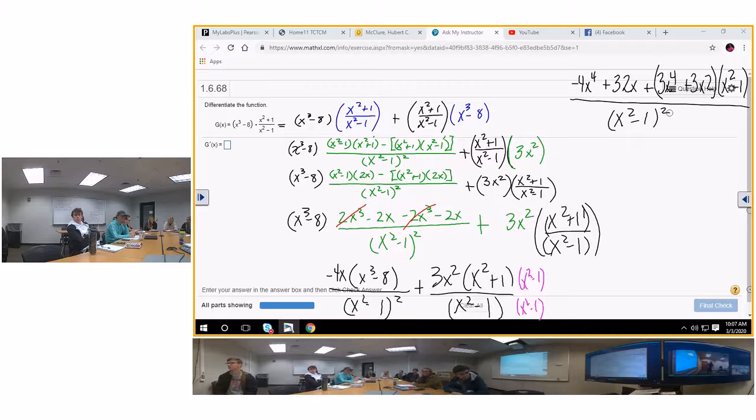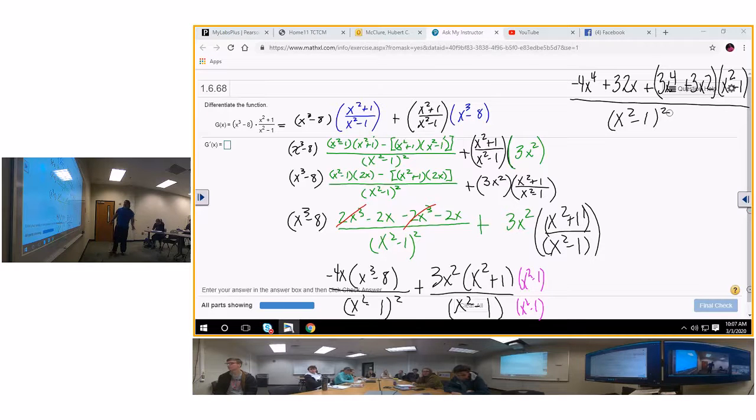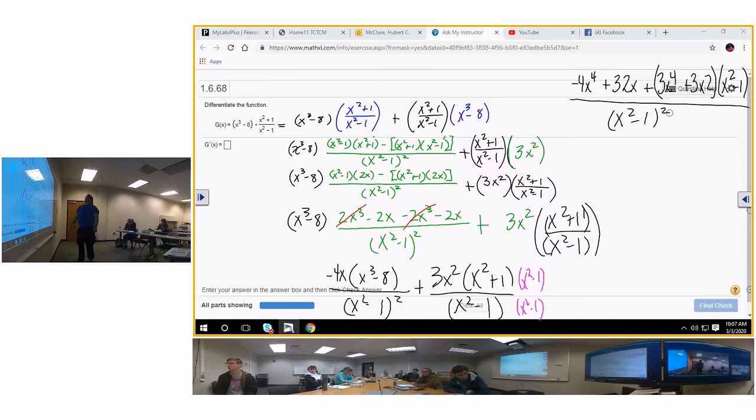And it looks like I can take that x squared, good gracious, negative 4x to the fourth plus 32x, and that's going to be 3x to the sixth plus 3x to the fourth.